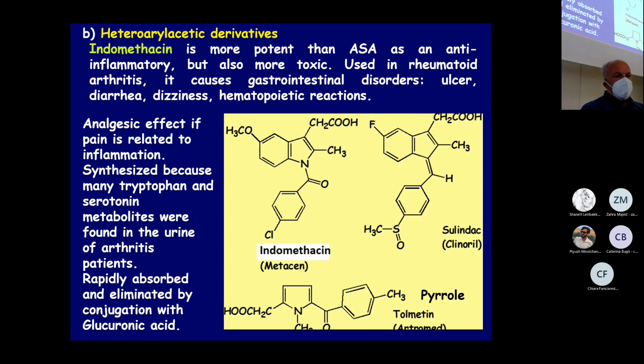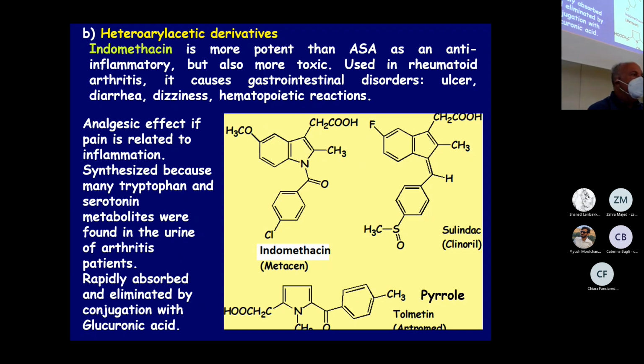We can see the chemical structure of indomethacin. There is an indole skeleton, indole residue, instead of the aromatic ring. Why indole? Because some years ago, scientists found in the urine of patients affected by different types of inflammations a lot of metabolites of tryptophan.